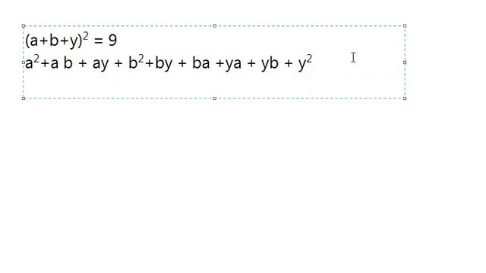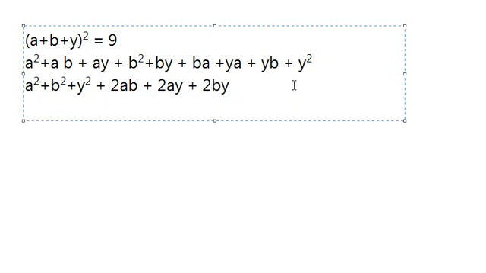Now we can see there is alpha squared plus beta squared plus gamma squared right here, these 3 terms. Then you have alpha beta and beta alpha, which is essentially 2 alpha beta. Then alpha gamma and gamma alpha, 2 alpha gamma, plus beta gamma and gamma beta, which is 2 beta gamma.